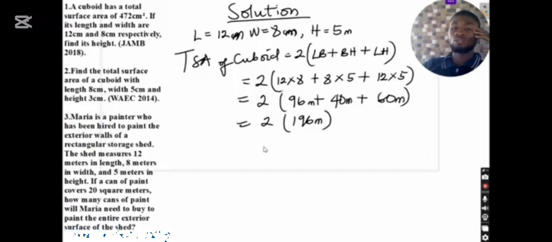If I multiply 2 by 196, we get 392 meters squared. This is the total surface area of the cuboid.